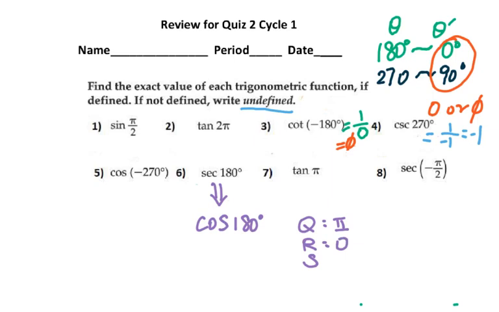Reference angle is 0. Then we know the cosine for the second quadrant is negative. Therefore, it equals negative cosine 0 degrees equals -1. Then for secant 180, I got 1 over -1 equals -1.